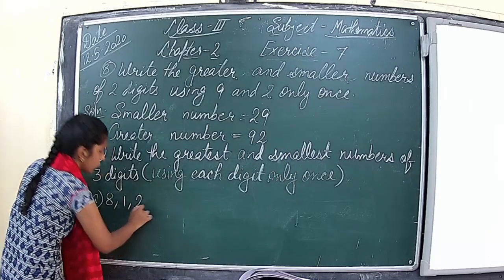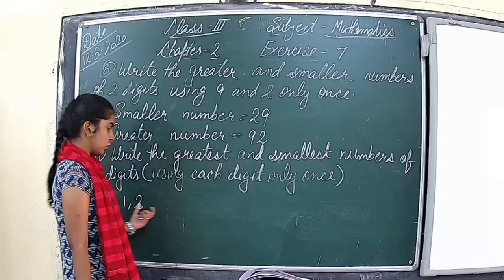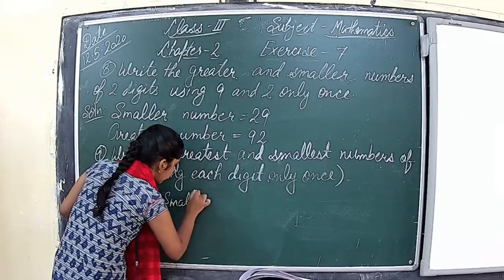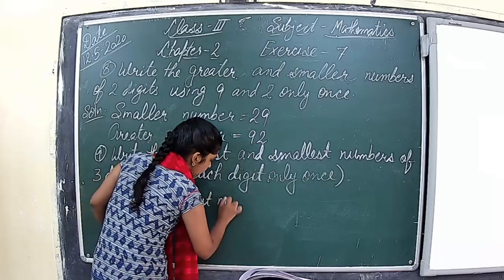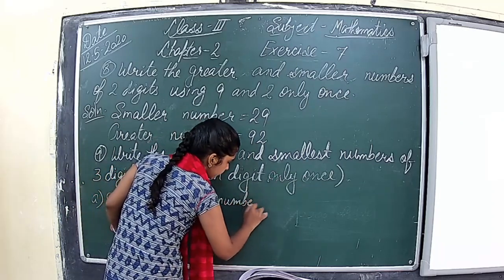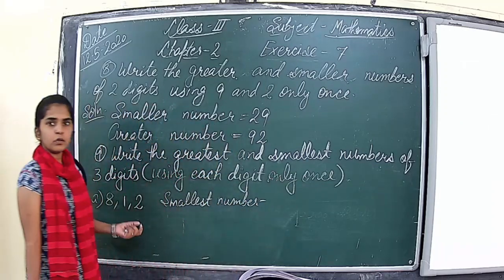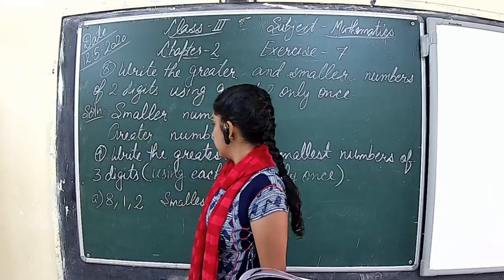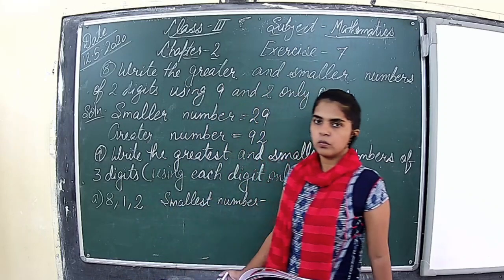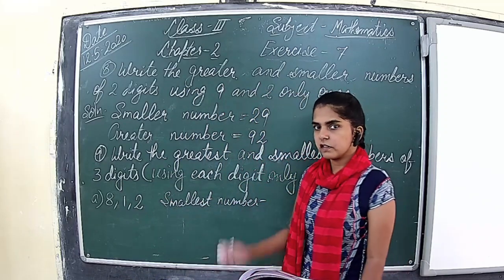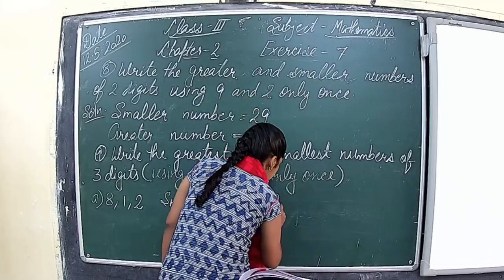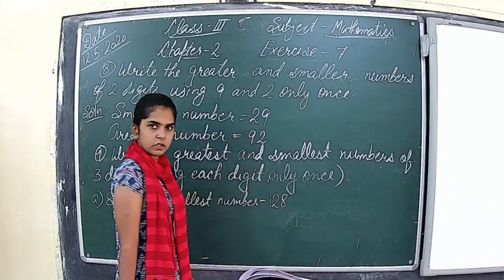Let's solve this. Smallest number. What will be the smallest number using these digits? I told you to form the smallest number, arrange the digits in ascending order. Which is the smallest digit? 1, then 2, then 8. It means the smallest number will be 128.